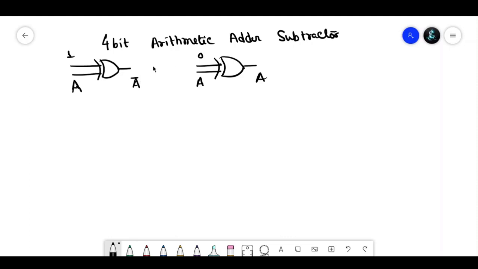Suppose the carry in bit is 0, that means it will be addition because there is no change in the output with the input, and in case of subtraction we may use 1, the number itself is being changed with its complement. So when we draw the circuit of the 4-bit adder subtractor, we need 4 XOR gates as well. So first of all we are drawing the 4 full adder circuit, okay.